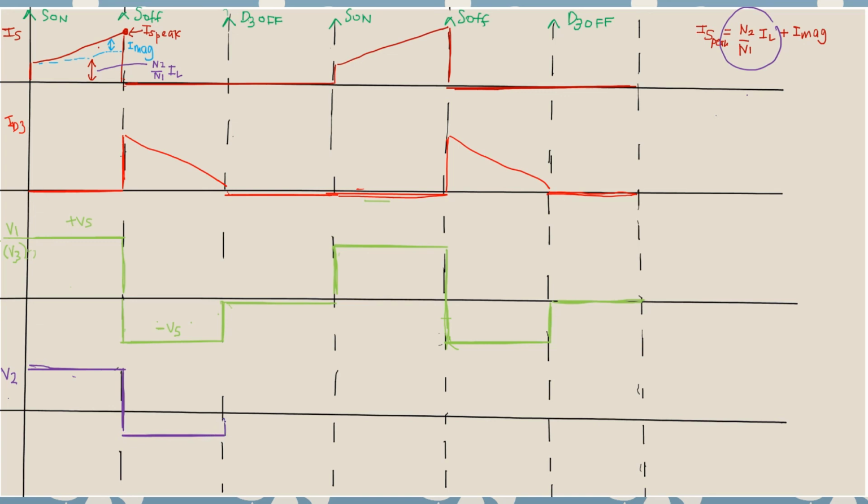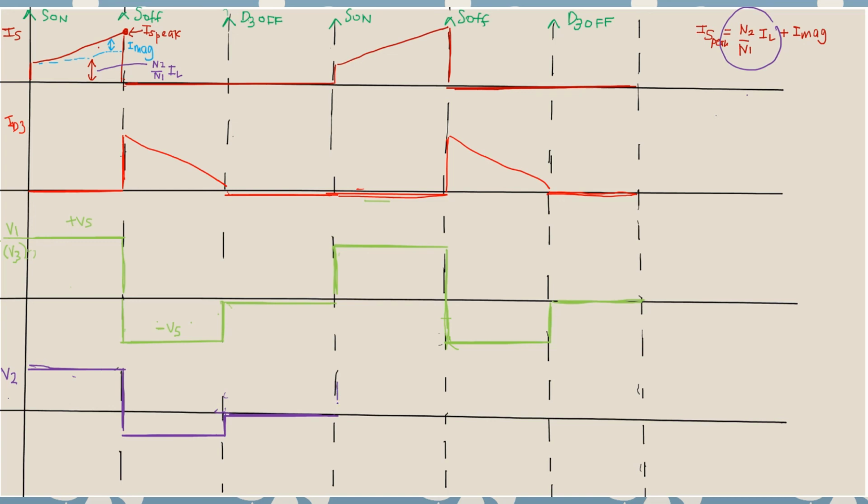So it follows the same shape. It's very difficult for me to draw a straight line. Okay, so it's the same. It will go to 0.